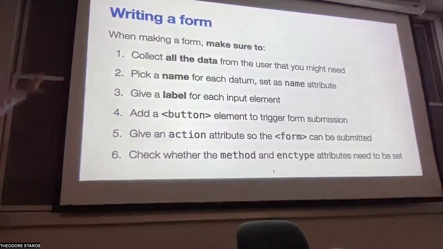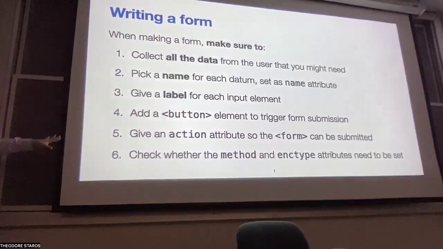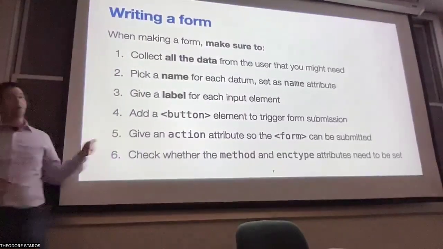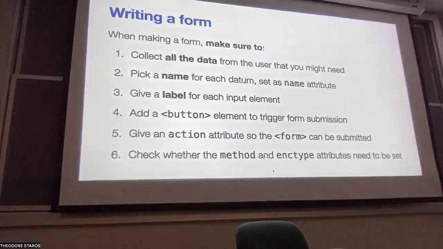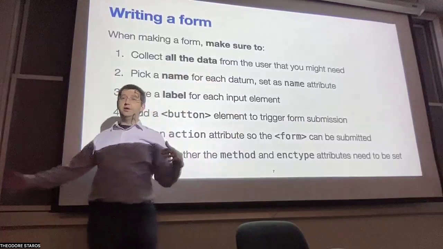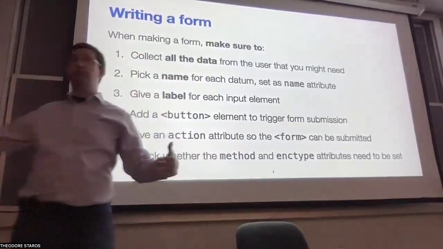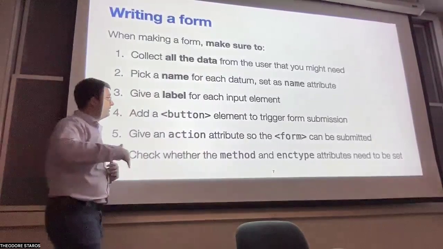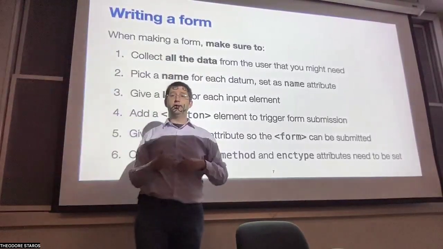I've done checklists before, but this is, I think, the longest one. So there's a lot of moving parts to the form. You're probably going to want to return to this as you're working on homework 4 just to make sure you've got all the steps. But you can remember what these steps are for. All the data goes in a form because when the user submits the form, the browser will ship only the stuff inside the form. You need the single form element to contain all the inputs you want.